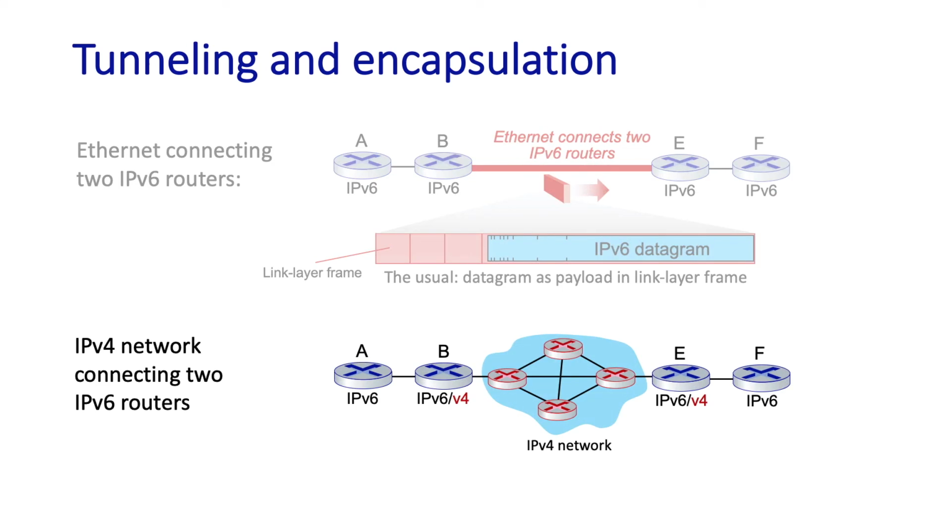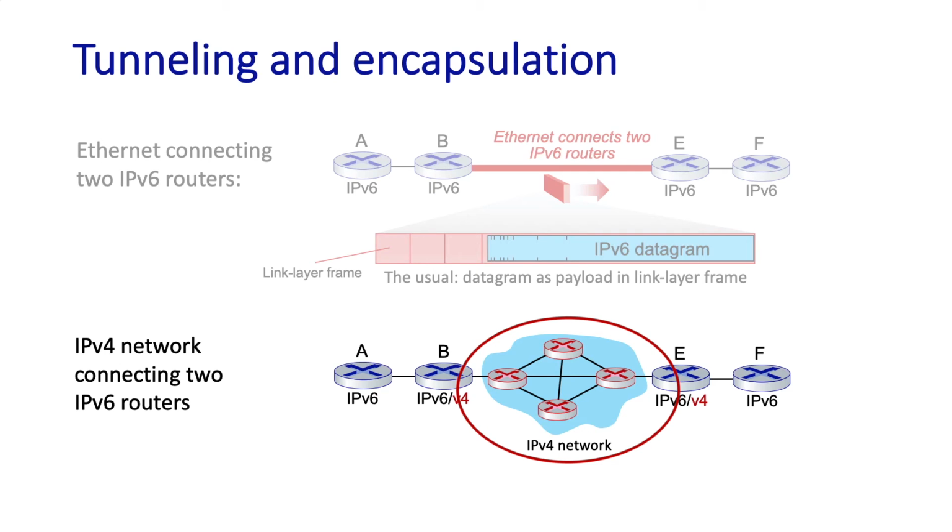Well, now let's take a look at two IPv6 routers again, but assume that in addition to knowing how to do IPv6, they also know how to do IPv4, just like they know how to do Ethernet. And now, rather than being connected by Ethernet, these two IPv6 routers are connected to each other by a network of IPv4 routers. How do these two IPv6 routers forward an IP datagram to each other?